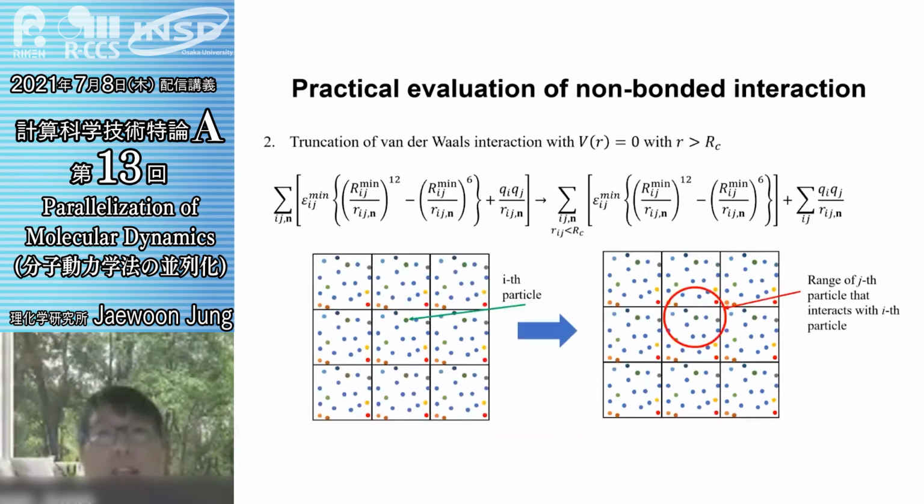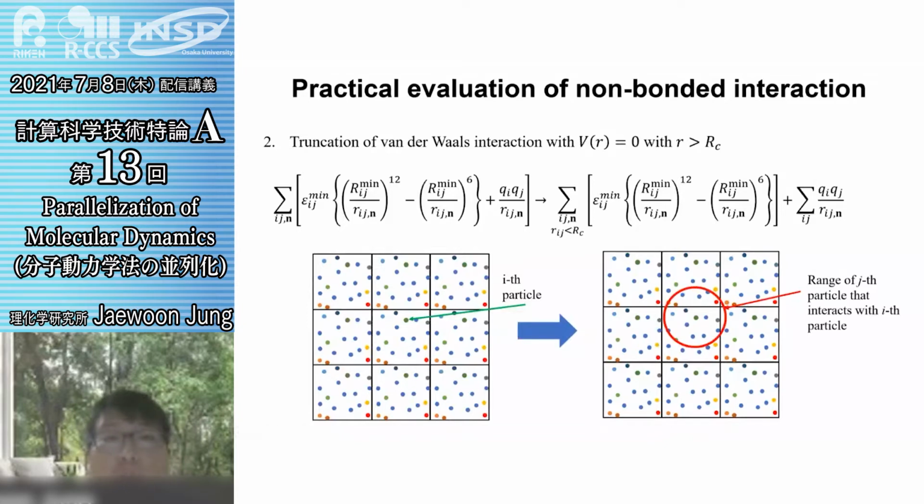And in fact, this is very time consuming, and usually we introduce a truncation of the van der Waals interaction. Because the van der Waals interaction has the 12th and 6th power of the inverse of distance, it saturates very rapidly.